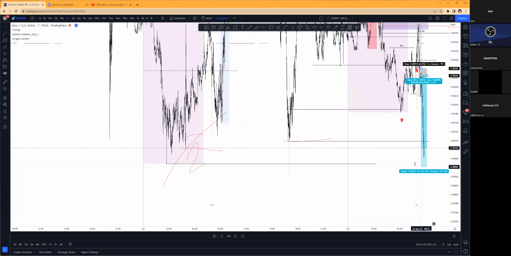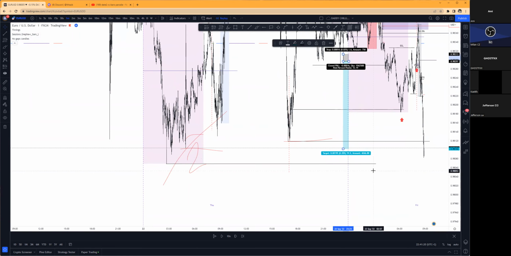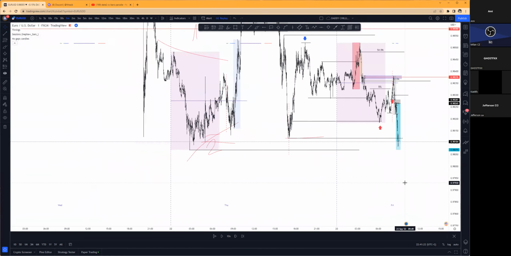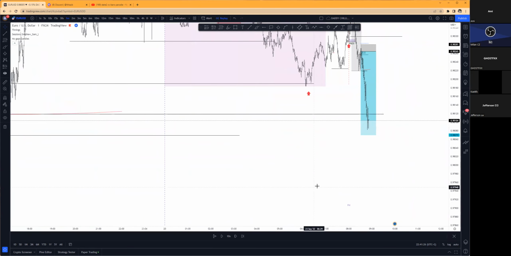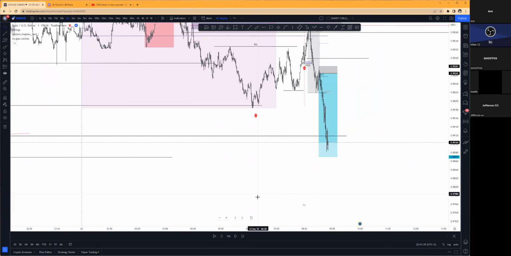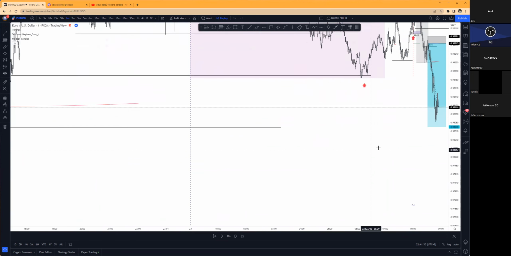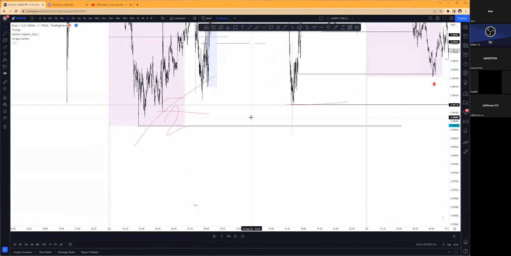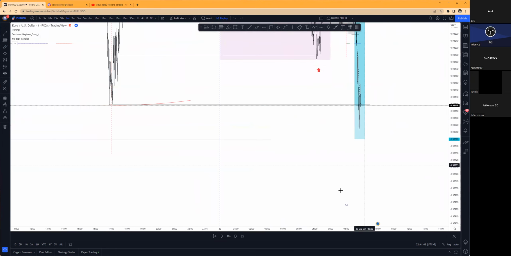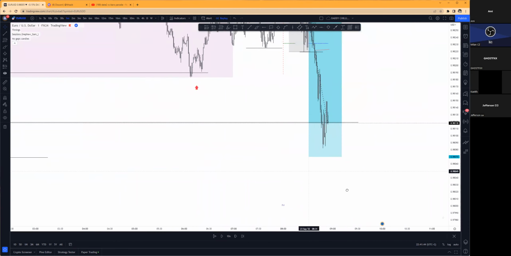And our TP would be lower than this, or this is what I would do, because there's nothing on the left we can take reference from. Okay, let's go. Okay, mitigate the extreme of the wick. But you see, there is most probably a little bit of money sitting here, but no reason for reversal anymore.